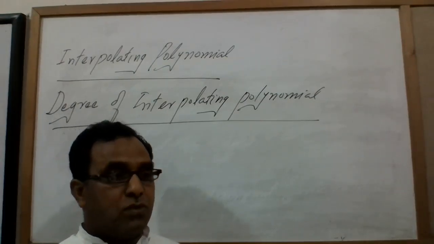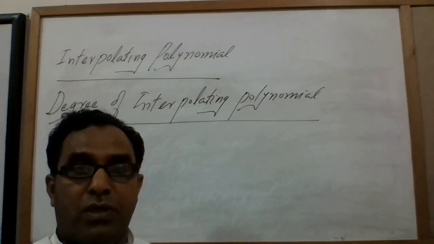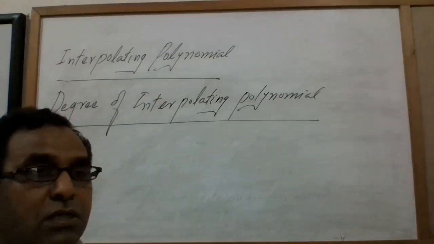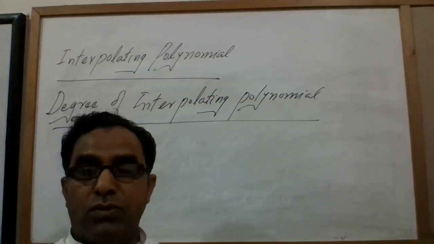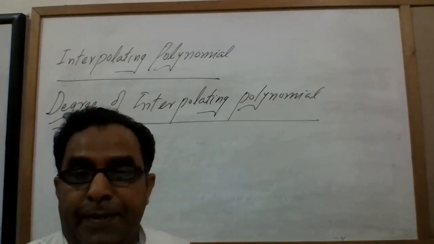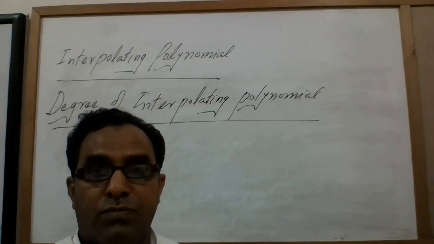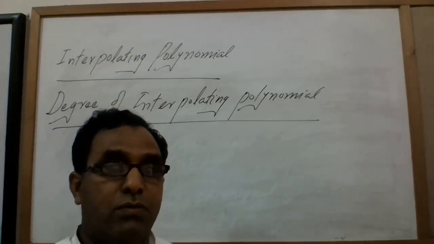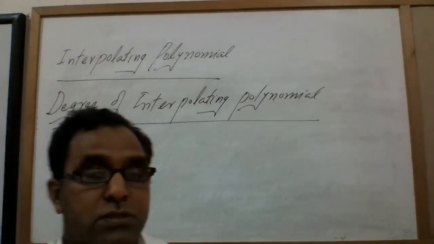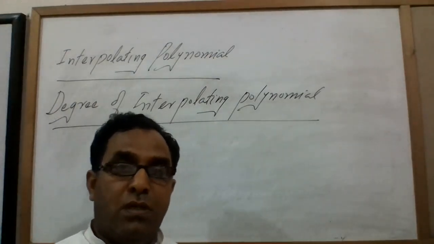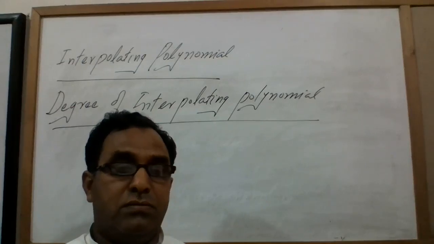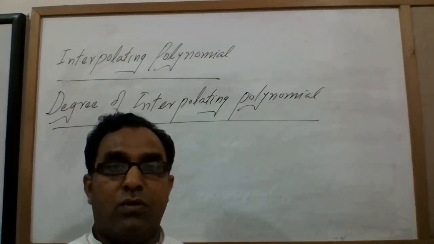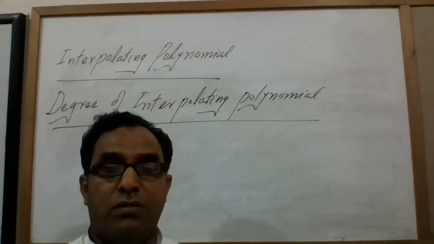It depends on how many data points from the data table you are using to approximate the interpolating polynomial. If you are using 2 data points from the table, you will get a straight line equation, meaning a polynomial of degree 1. If you are using 3 data points, the polynomial will be of second degree, meaning a quadratic polynomial, and so on.